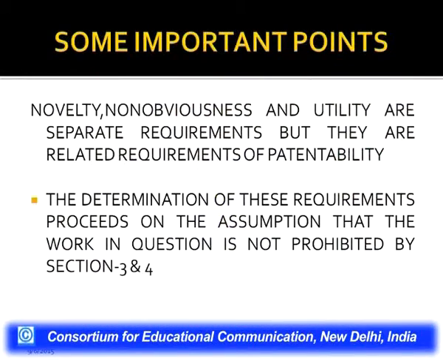Well friends, another important point as mentioned in the slide is that the determination of these requirements proceeds on the assumption that the work in question is not prohibited by section 3 and 4. This I believe everyone understands. If the work is out of the purview of section 3 and 4, only then it is patentable, because section 3 in its marginal note reads what are not inventions.